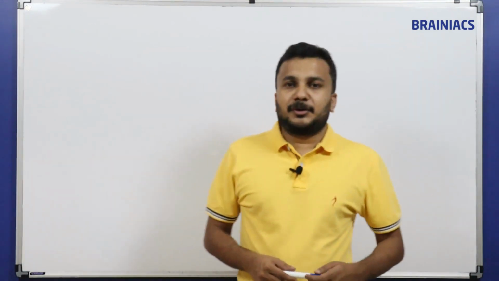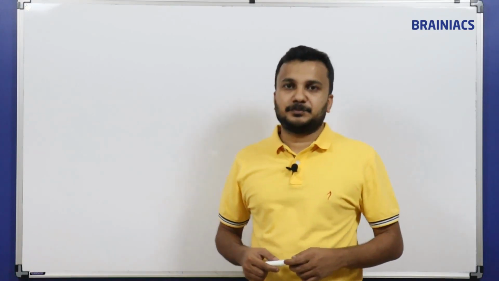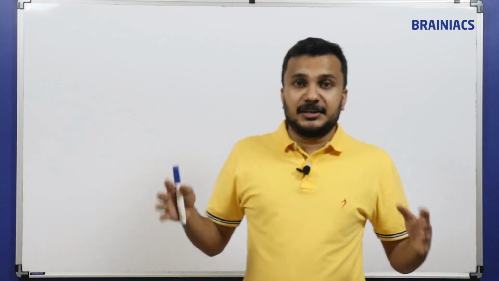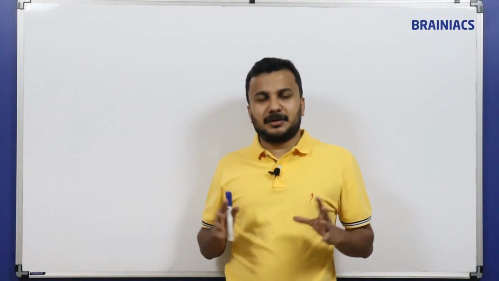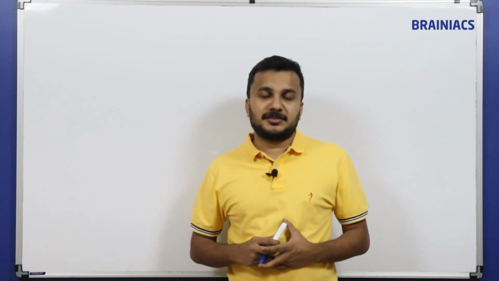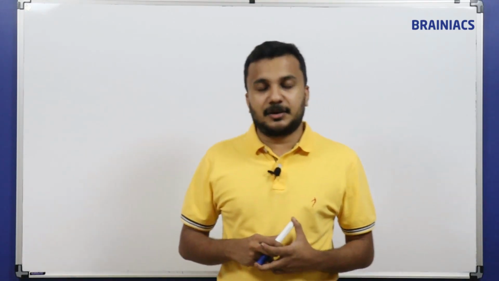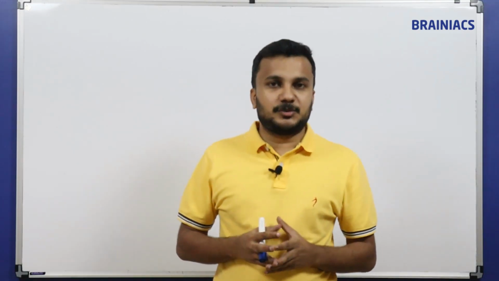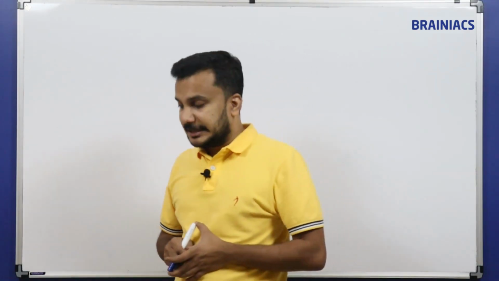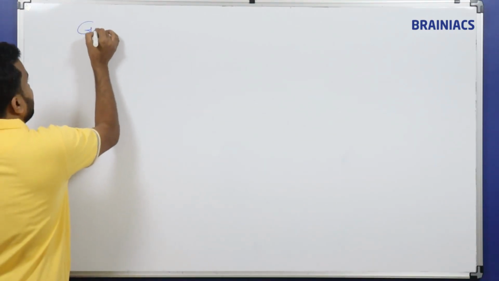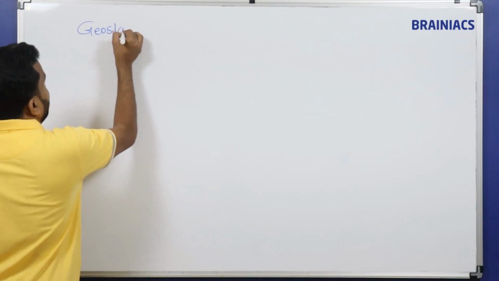Okay, we are going to see the next topic, which is called geostationary satellites. So far we have seen simply satellites. Now we will see there are different types of satellites located over the Earth's surface, and one category of satellite is called the geostationary satellites. So you can write down the heading, geostationary satellites.